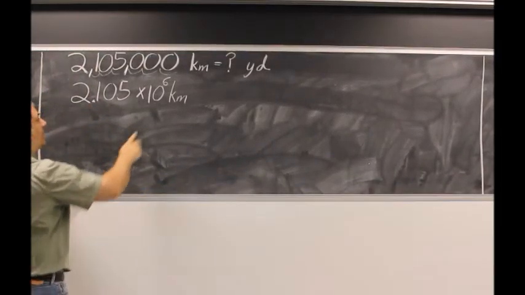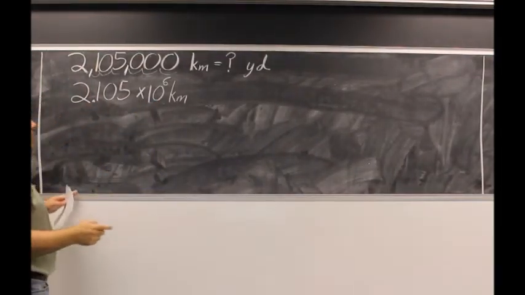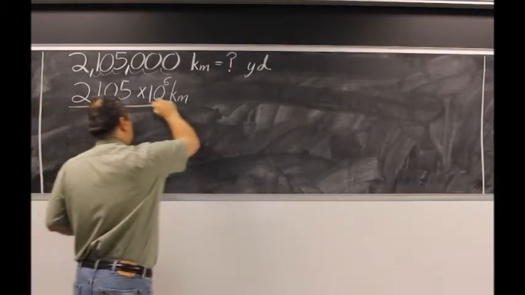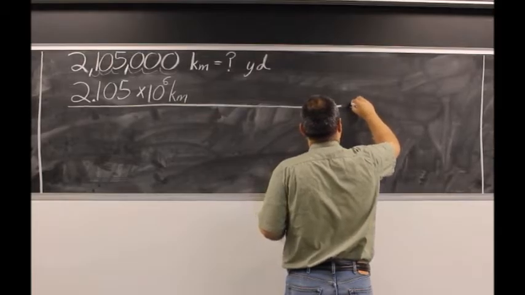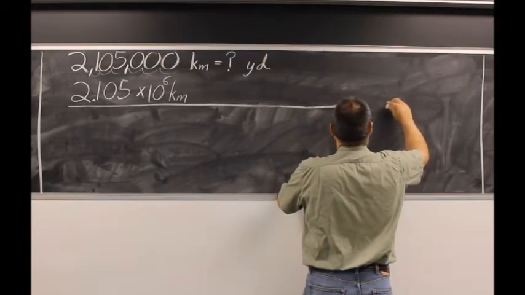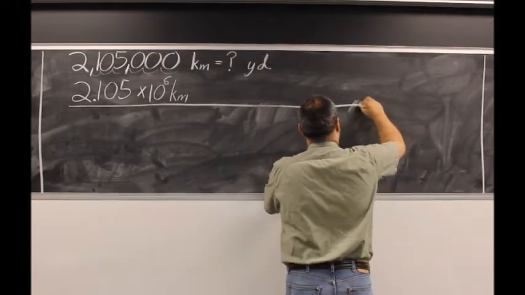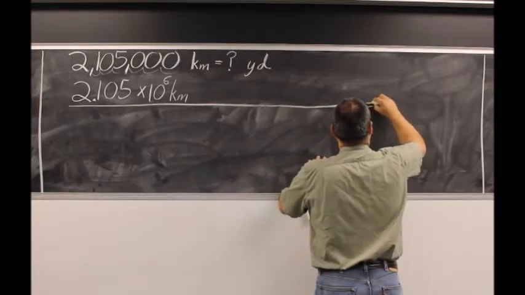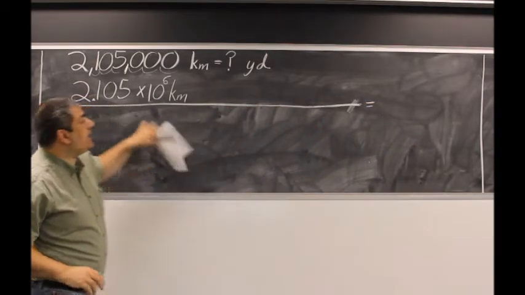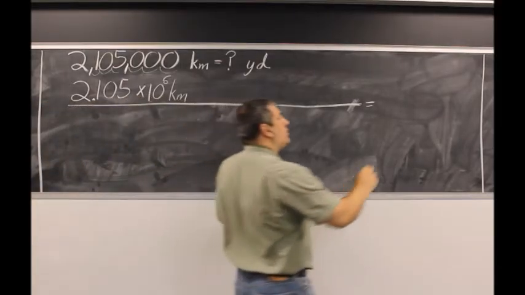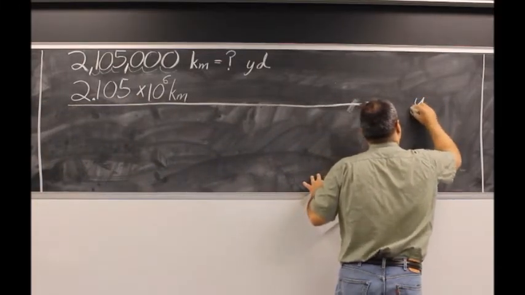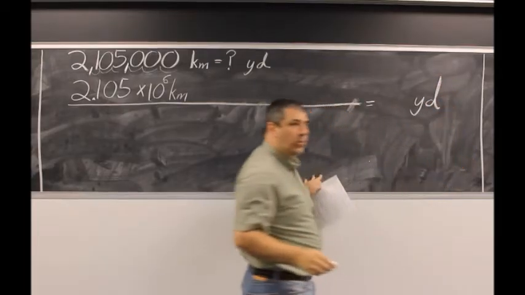With dimensional analysis, we put down the value of what we're given, and we draw out this grid, and it usually is longer than you need. I'm not kind of writing large, so I probably need more space. At the end of this line, we put an equal sign, and then we put the unit of what we want.